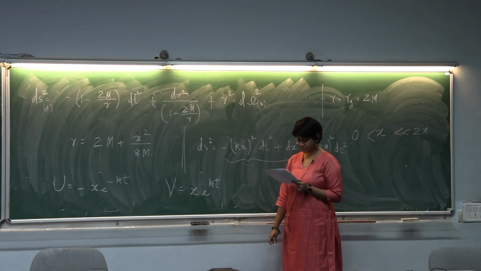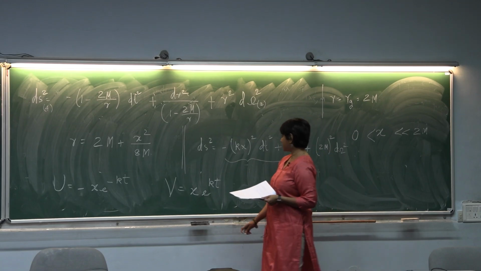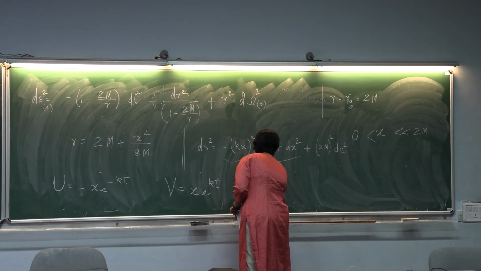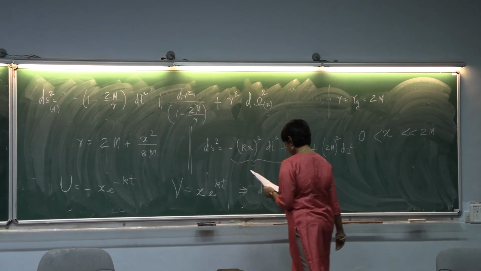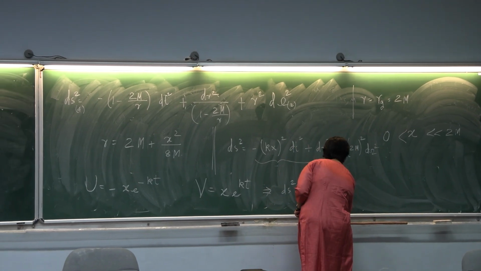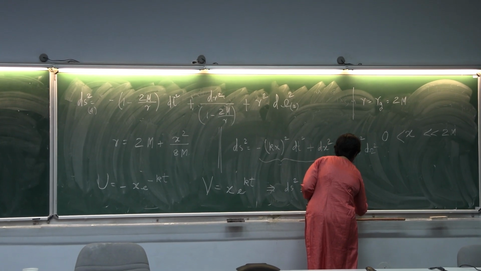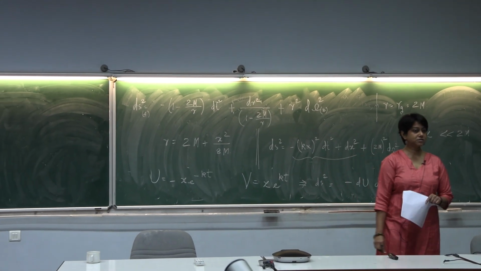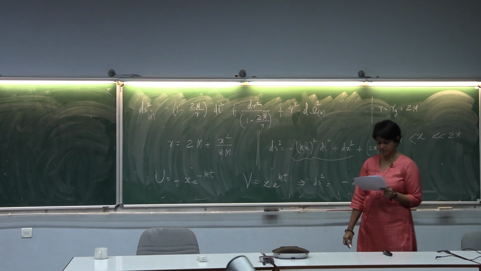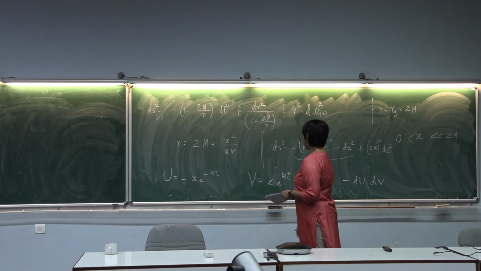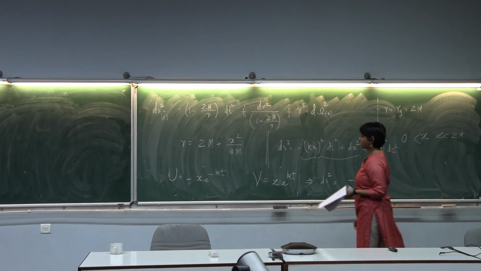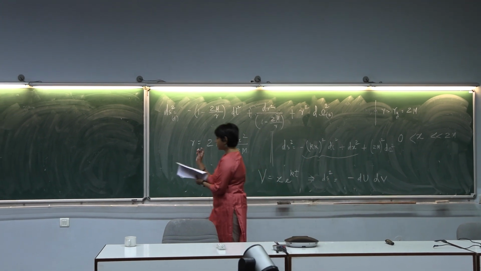If I go by this, I know you can quickly tell me that this will imply your ds square in 2 dimensions to be minus du dv. Just check this step by step, you will get the answer. Now on top of this, I can take again a coordinate transformation.